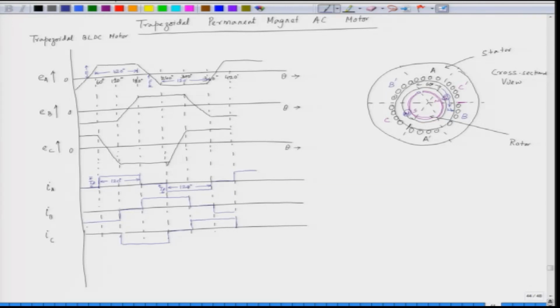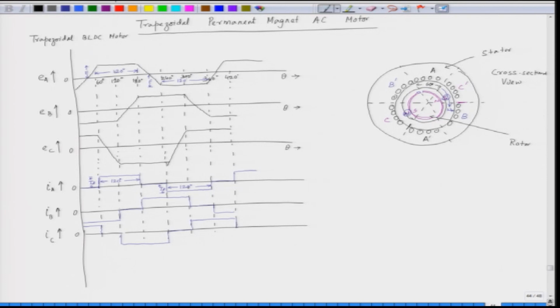So, we have the various phase currents IA, IB and IC. We saw that the phase currents are quasi square wave, positive when the induced EMF is positive and negative when the induced EMF is negative.